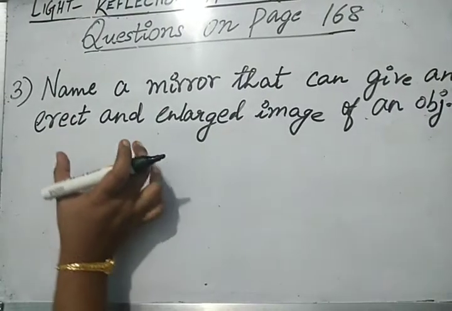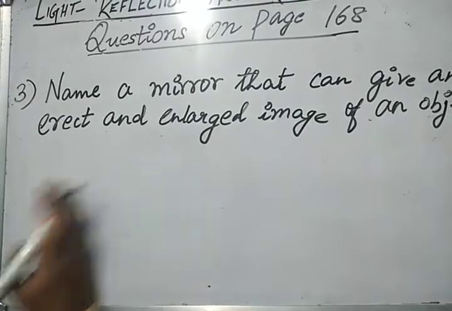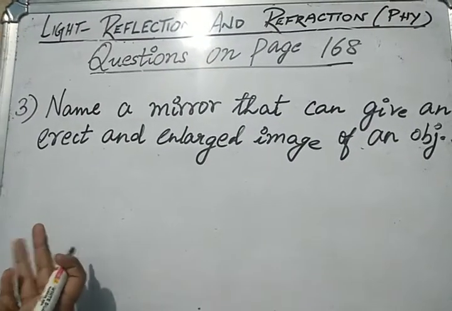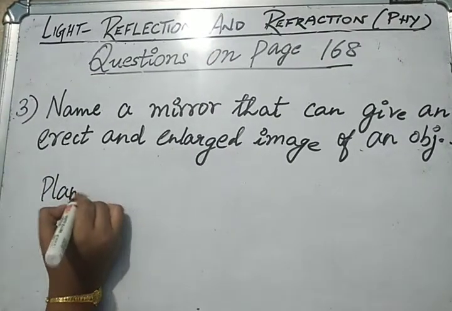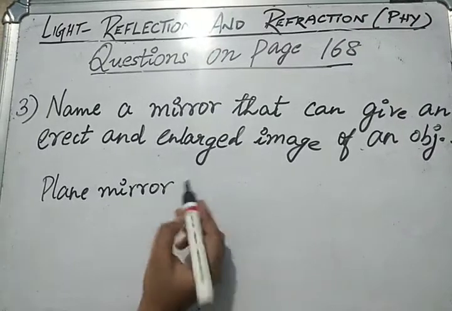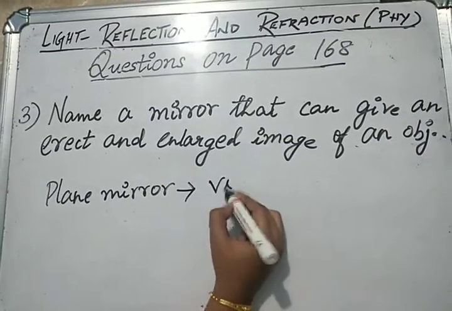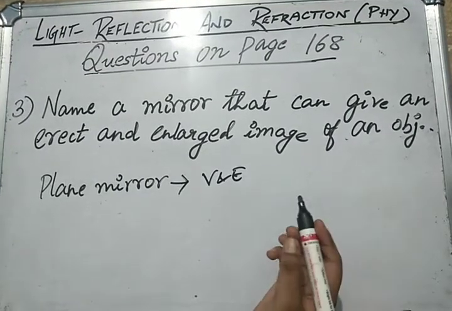Now the question is erect and enlarged. So recall all the mirrors, or all the characteristics of the images of all the mirrors that you studied. First we studied about plane mirror. So plane mirror always forms a virtual and erect image. But what kind of virtual and erect image does it form?